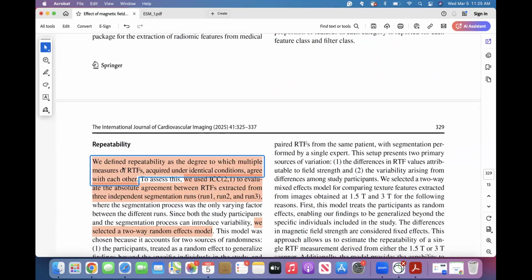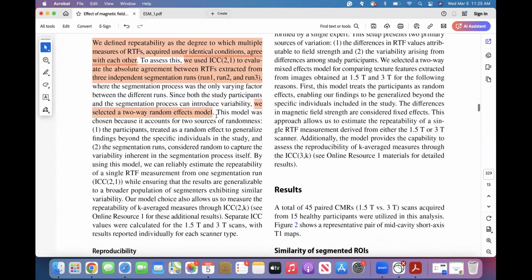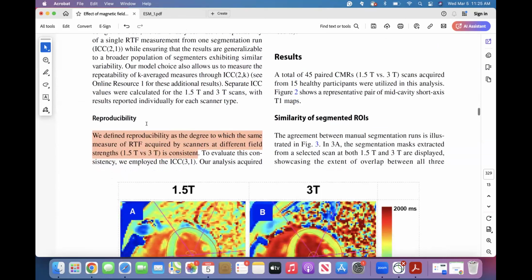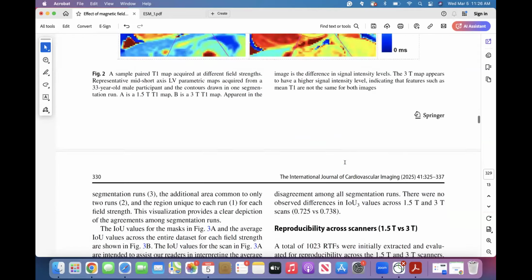The only difference here is differences in segmentation variability, right? And this was measured using ICC 2.1. And then reproducibility, we define that as the extent to which features that are extracted from different scanners, so 1.5 Tesla and 3 Tesla scanners, are consistent with each other.